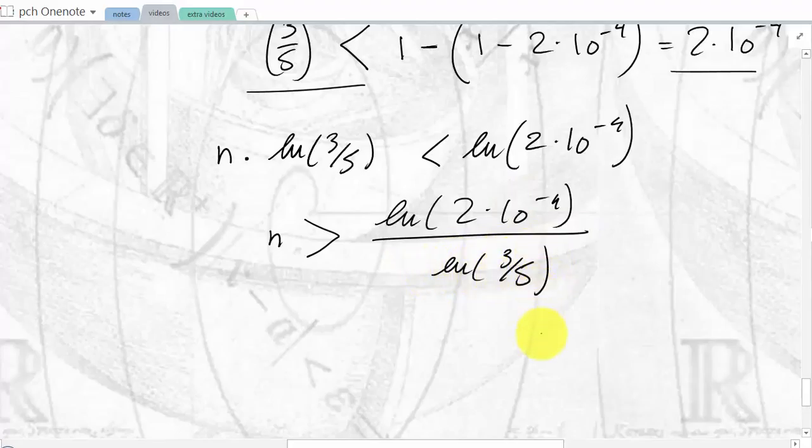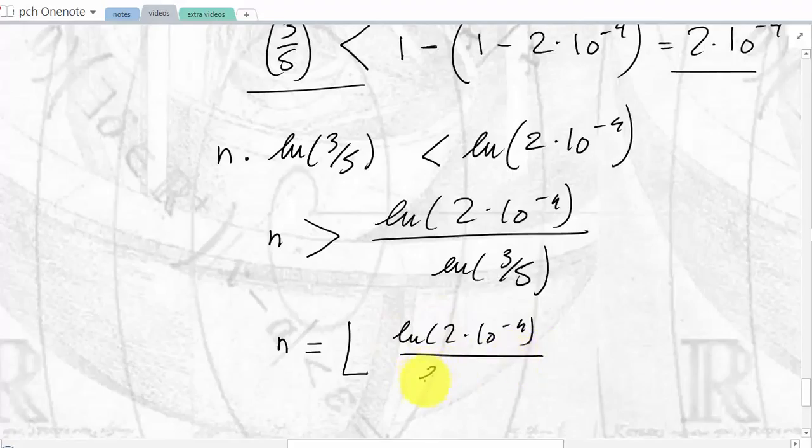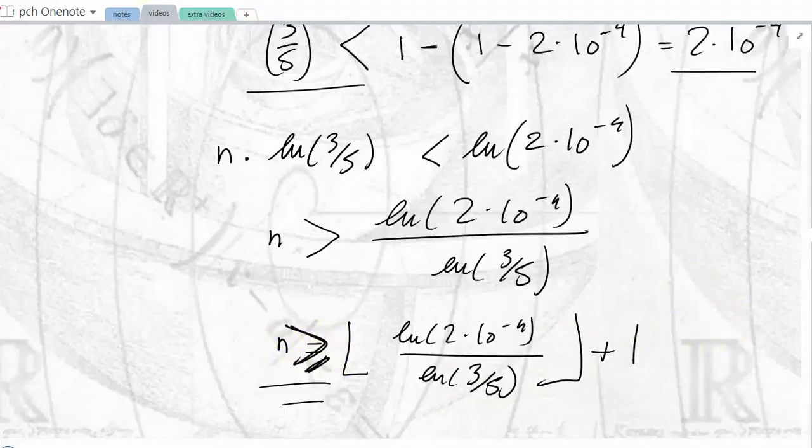Whatever that number is, n actually has to be the floor of ln of 2 times 10 to the negative 4 over ln of 3/5, plus 1. If you take your calculator, you're going to find 17.